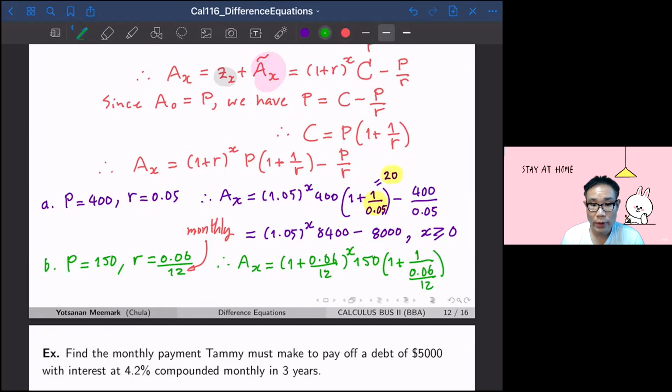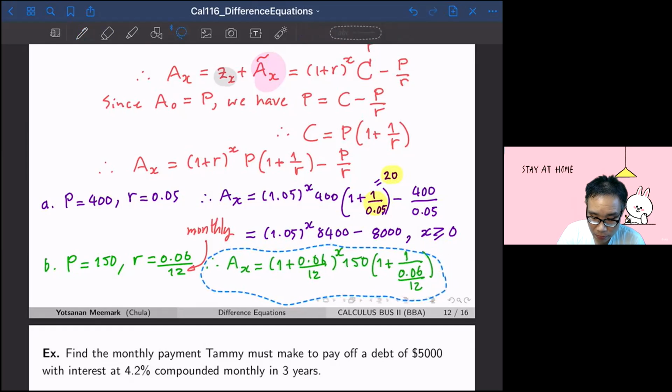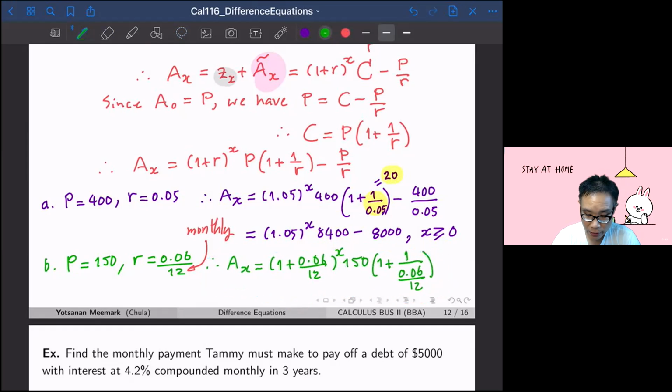And you have minus P over R. So it's minus 150 over 0.06 over 12.